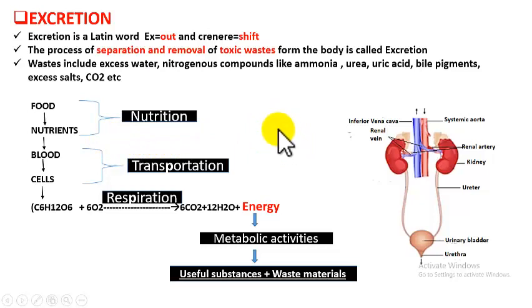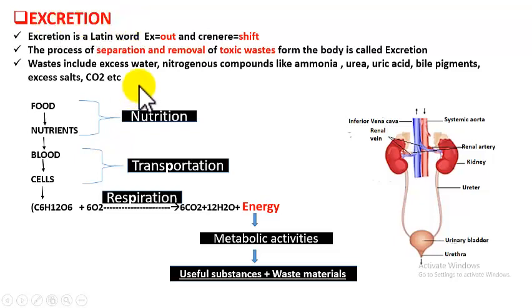That process of expulsion of undigested food materials is called egestion. So expulsion of solid waste from the digestive system via anus is called egestion. It is not excretion. Excretion is the expulsion of metabolic waste produced inside our cells via a system called the excretory system. Did you understand the difference between excretion and egestion?